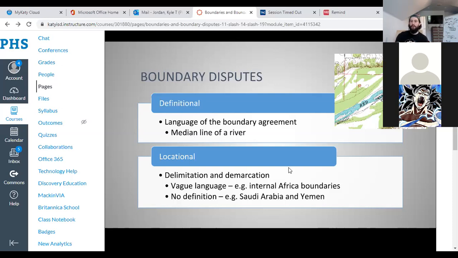This was really important with internal African boundaries, where now these nations are becoming more and more independent. The old treaties would basically just have circles and say, this area is controlled by Belgium, this area is controlled by Portugal, this area is controlled by France, right?